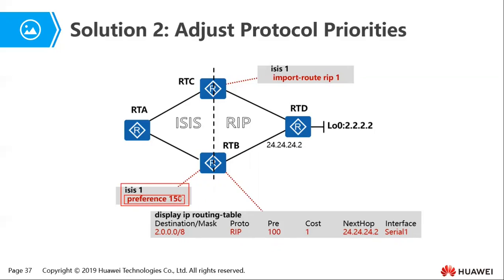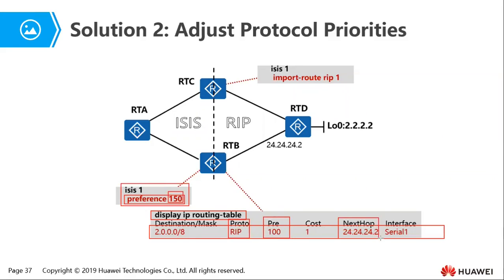The default preference for all routes that have been learned through ISIS, we're changing it from 15 to 150. So it's going to have a bigger value than the one for RIP, which is 100. And once we configure that in RTB, if we do display routing table, then the route to the network 2.0.0 is going to be learned through RIP with a preference of 100, and the next hop is this particular interface here.